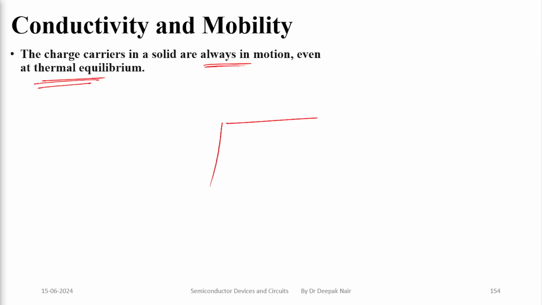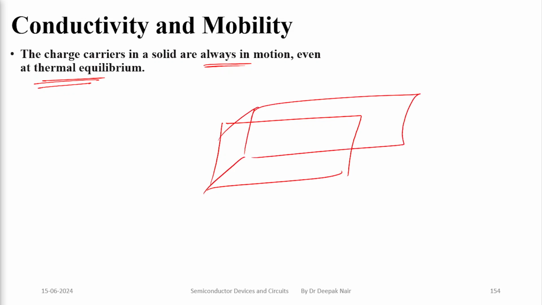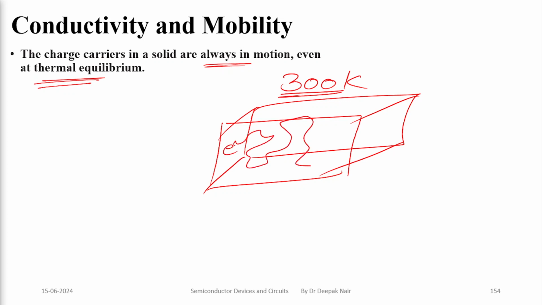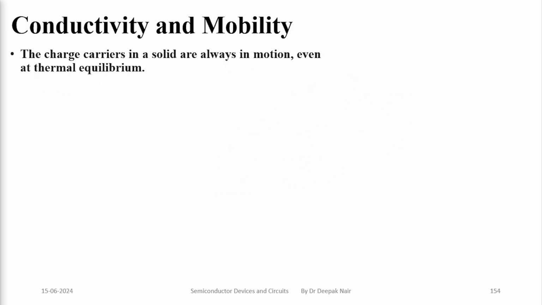So even if we keep the semiconductor at a constant temperature which is greater than 0 degree Kelvin, suppose at room temperature, 300 degree Kelvin, and this temperature is not changing, even in that case these electrons are moving randomly throughout the semiconductor device. So these charge carriers are always in motion, they never go to rest.